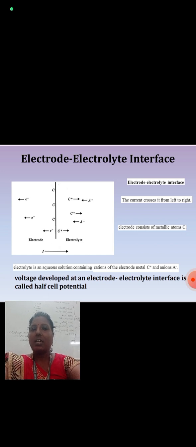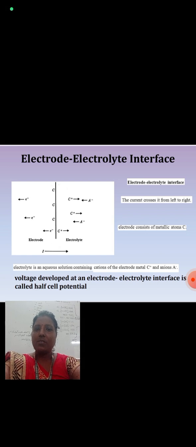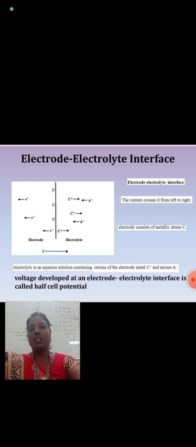Let us see. In this diagram, current I flows in the x direction. When a current is given to an electrode, automatically the electrons present in the ionic solution move in the opposite direction.